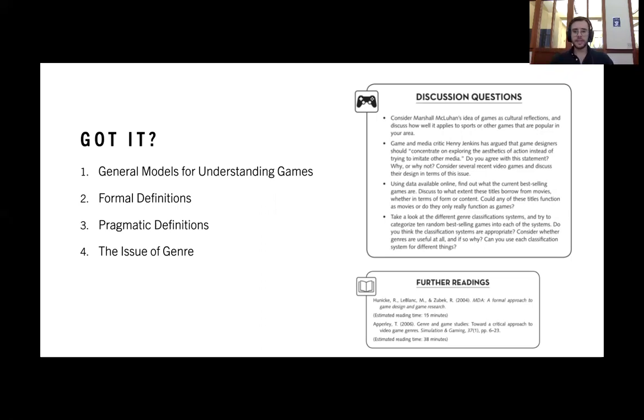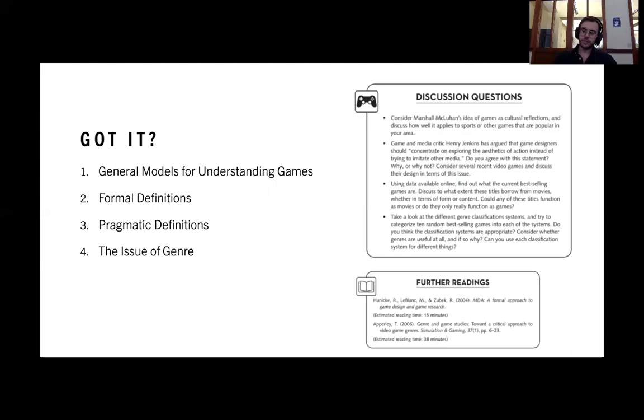And alike. Pragmatic definitions are then mostly used by game designers and refer to which kind of perspective on games allows us to find ways to do games better, or creatively, produce them, or find out fundamental errors with our games that players have.